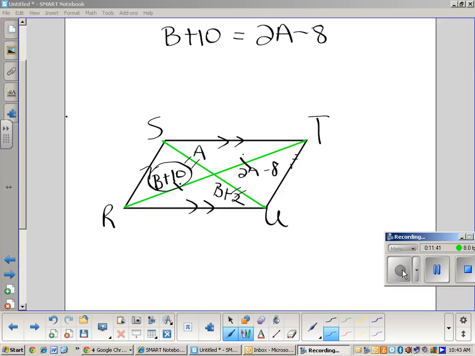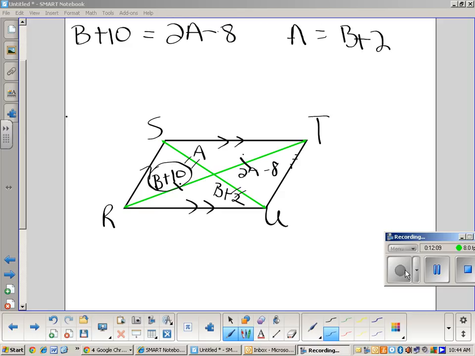So, can I solve that? Why can't we solve it? There's two variables, right? Let's set the other direction up.